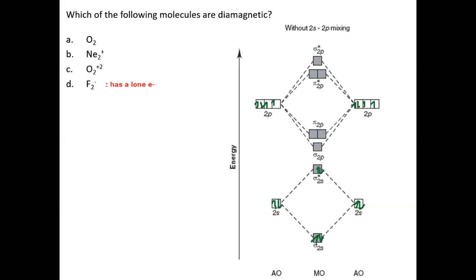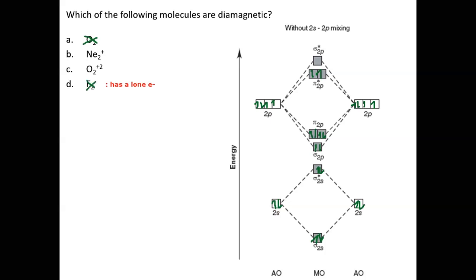And then we have 8, so it'd be 1, 2, 3, 4, 5, 6, 7, 8. So O2 is paramagnetic, so it will not be O2, it will not be F2 minus.